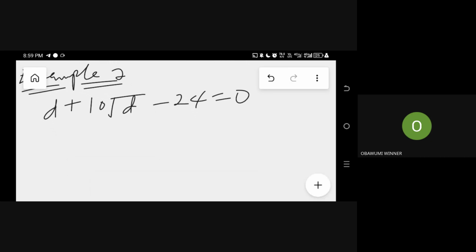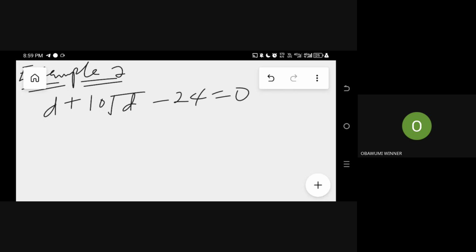So take note that a quadratic equation is supposed to have AS squared plus BS plus C. But what we're having here now isn't quadratic, but we know that this could be quadratic. As it stands, it isn't quadratic.